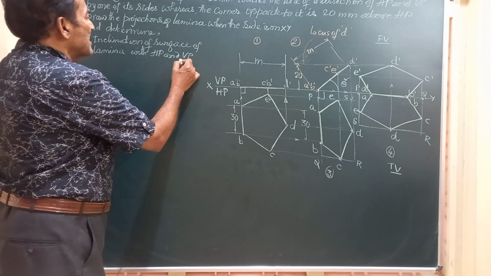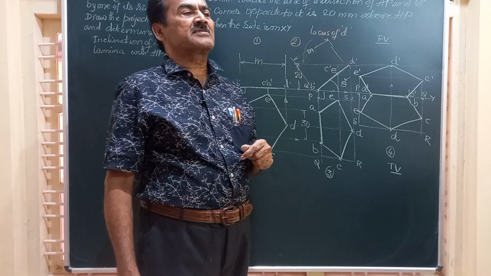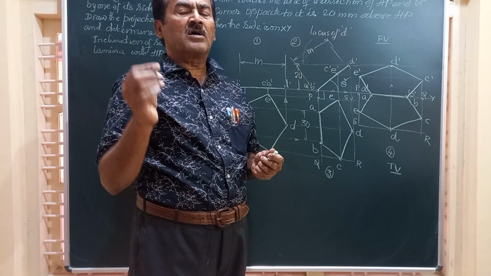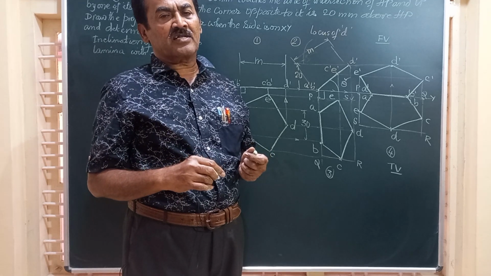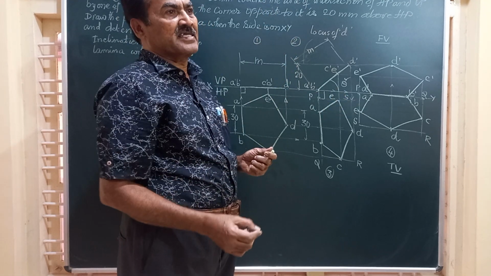Next, what is the angle made by the surface with VP? Friends, the vertical plane and the horizontal plane are at right angles to each other, or the angle between VP and HP is 90 degree.